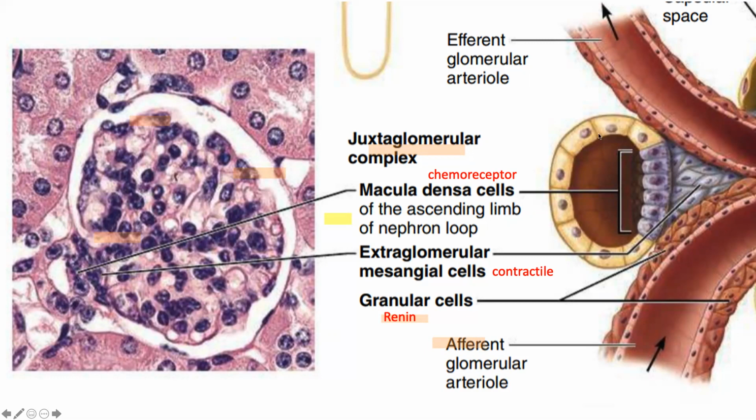And now we have the ascending limb and distal convoluted tubule. Here we have the macula densa cell, which acts as a chemoreceptor. And now we have the extraglomerular mesangial cell, and the granular cells will secrete renin.